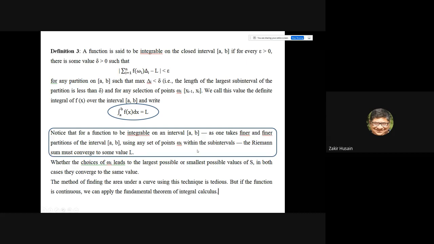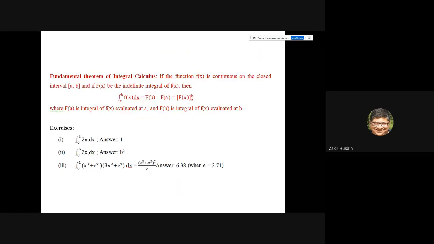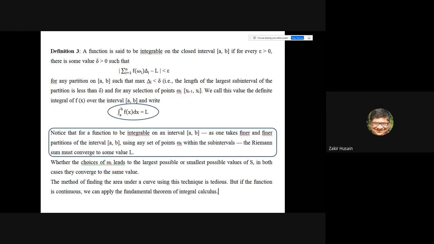So if a function is integrable on a closed interval AB, and we take finer and finer partitions, if we break up this partition into an infinite number of equal subintervals and take the omega, the Riemann sum must converge to some value L. In the example that we discussed, what was the value of L?